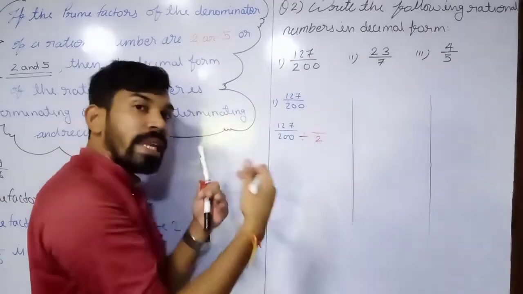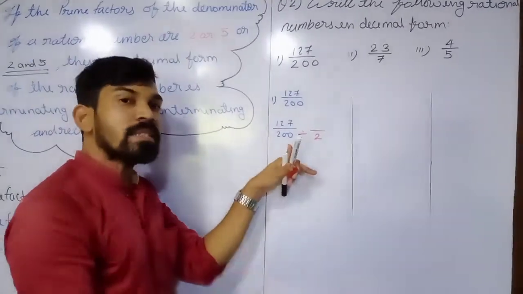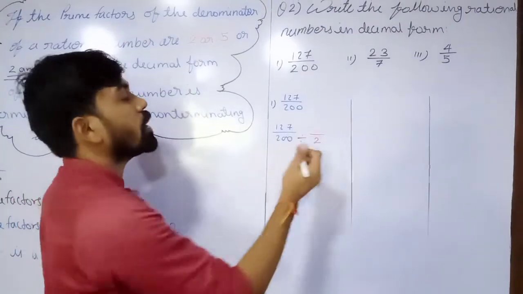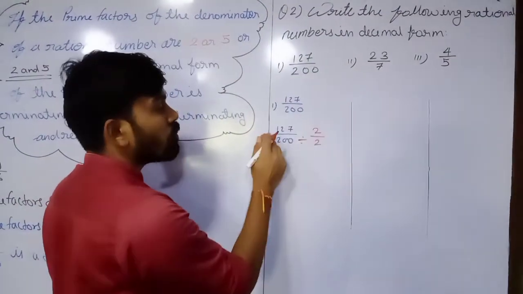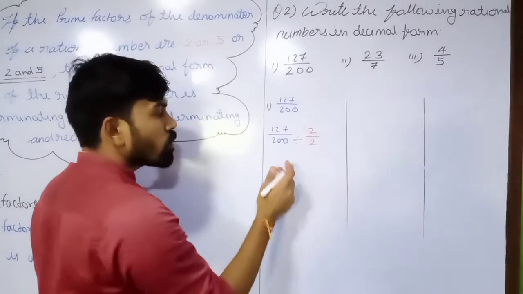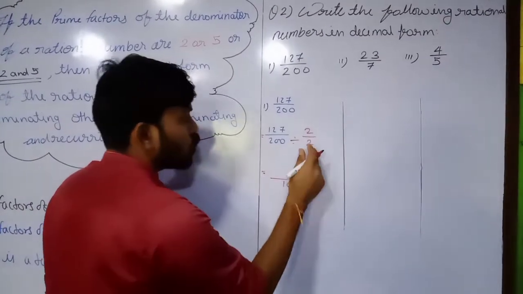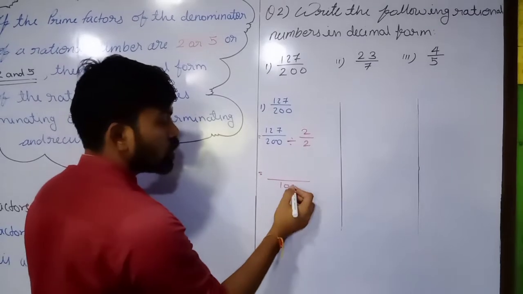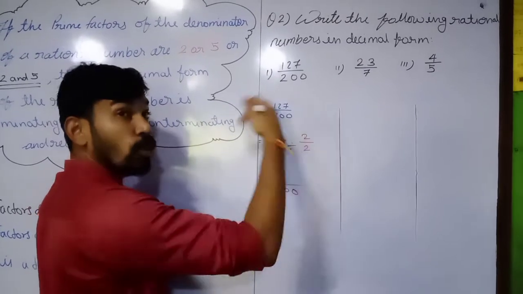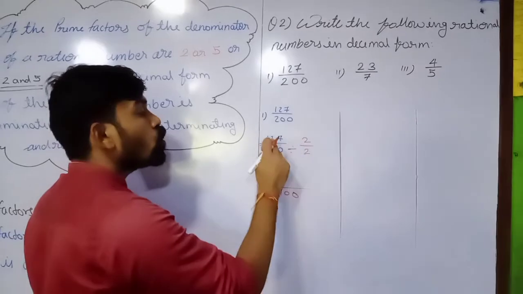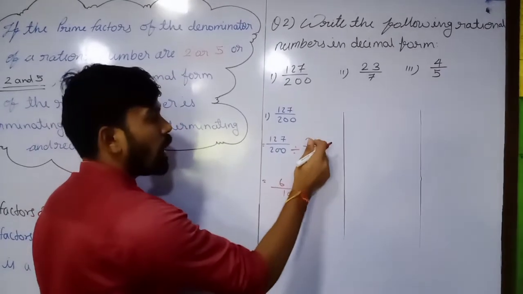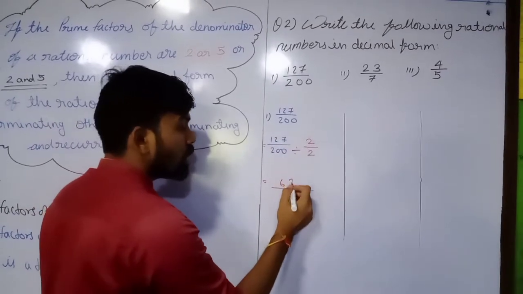If we do any change in the denominator, the same thing we have to do in the numerator also. So we are going to divide 127 by 2. In the denominator we are getting 100. 2 ones are 2, 2 zeros are 0, 2 zeros are 0. Now the numerator also we have to divide by 2. 2 6s are 12 and 2 3s are 6.